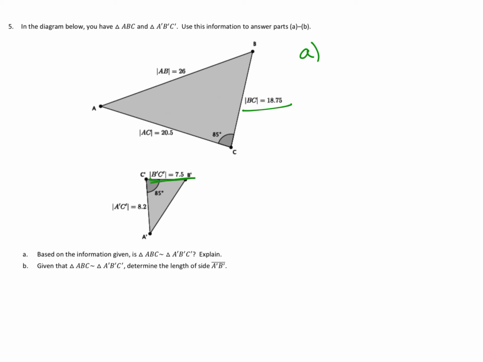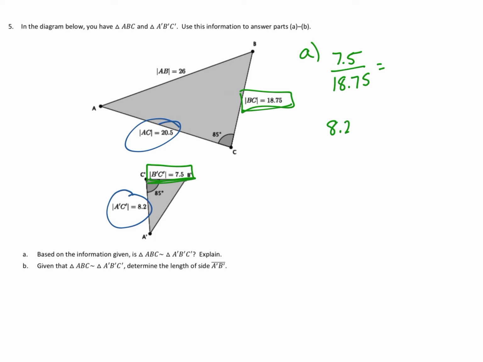In number 5, we also have a set of corresponding sides and another set of corresponding sides. So if we take the ratio of those sides using the new on the top and the original on the bottom, we're going to check and make sure those scale factors are the same, those ratios are the same.